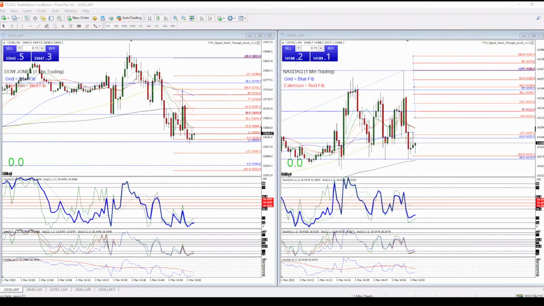Break of the lows on the Dow is a valid trigger short on opening.